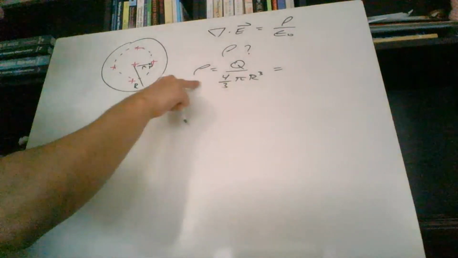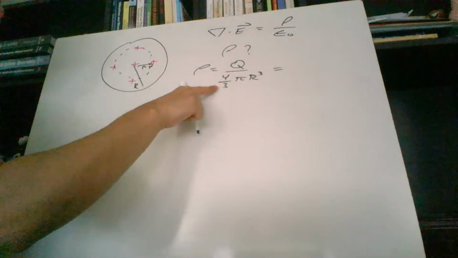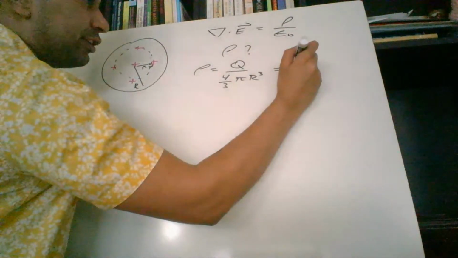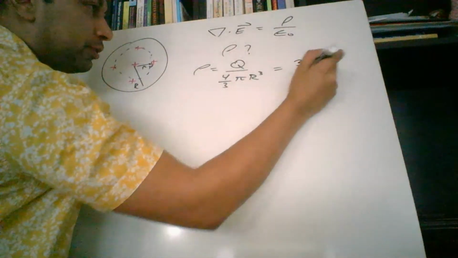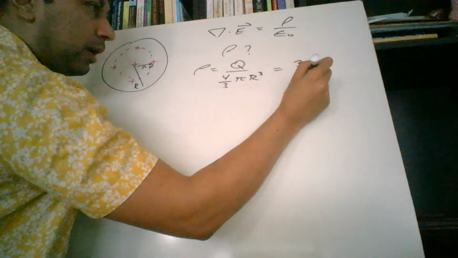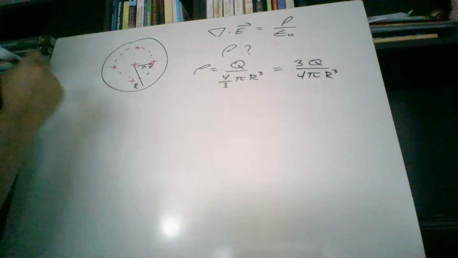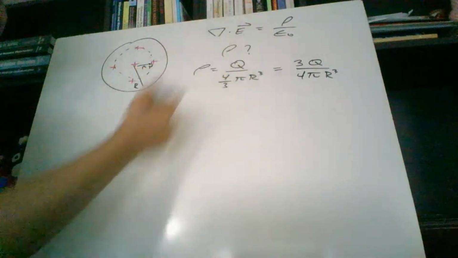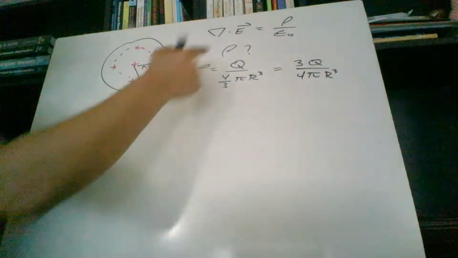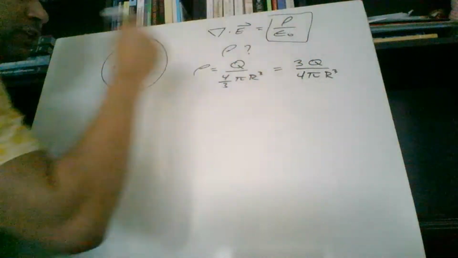We're going to solve for rho still. So I'll just clean this up a little bit. I'll bring the 3 to the top, and you get rho is equal to 3Q over 4 pi R cubed. And so the last thing we need to do is divide by epsilon naught, because we're trying to solve for this term right here.